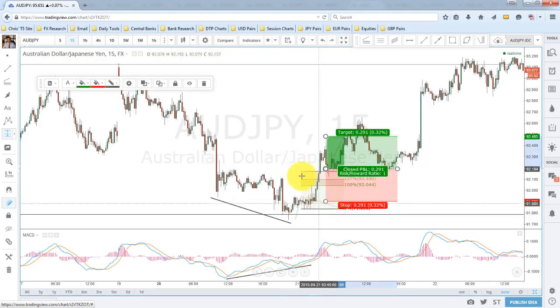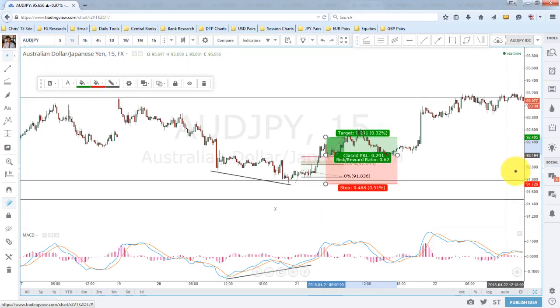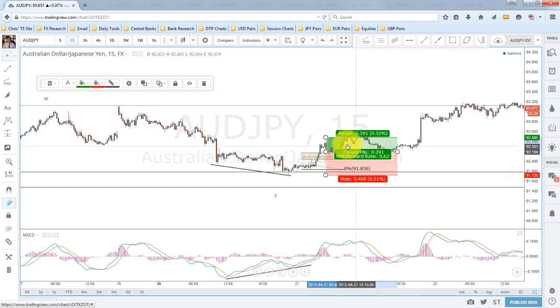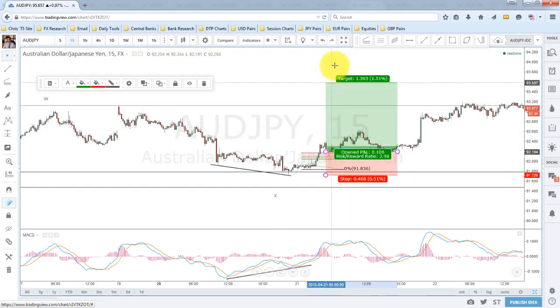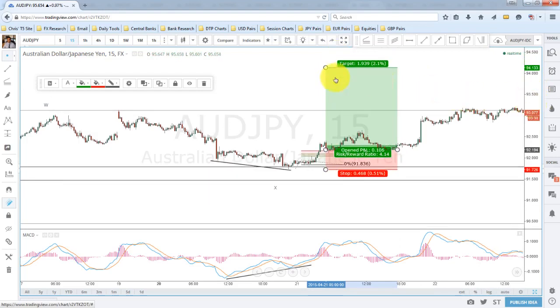Now our stop loss needs to go below this low. Okay, so we have about a 46 pip stop, and we're targeting 94.37. There we go.